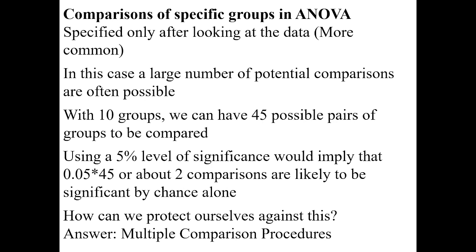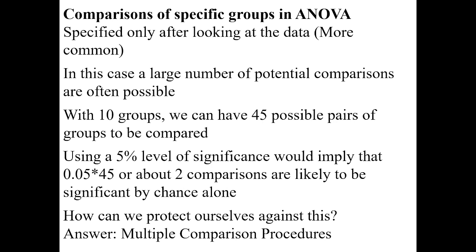But more often, group-wise comparisons are done after looking at the data, because your inquisitiveness goes up once you get a significant result. So it is common to expect further analysis to see which groups are really different from which other groups. In this case, a large number of potential comparisons are often possible. With 10 groups, you can have 45 possible pairs of groups to be compared.